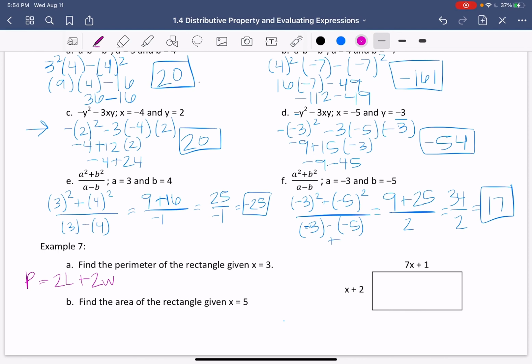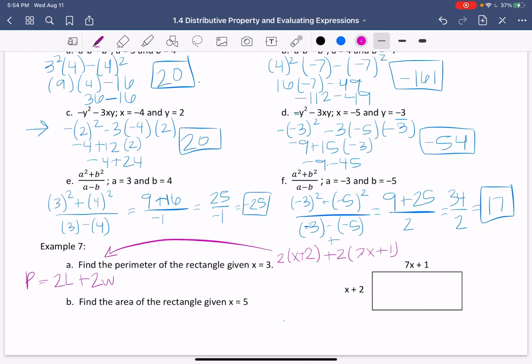Okay, so if x equals 3, we know we would have 2 times x plus 2. This is before I'm changing anything. Plus 2 times 7x plus 1. Okay, we're using that formula to fill it in.